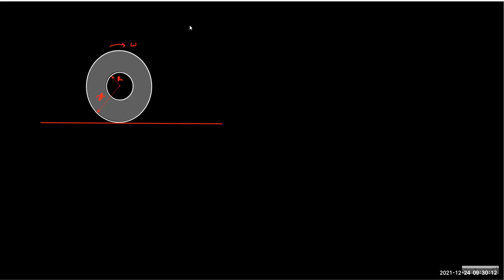And now let's say you choose a point somewhere here, and this makes an angle of 60 degrees. So find the velocity of point P.